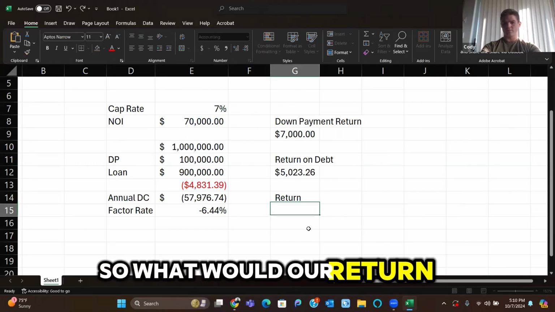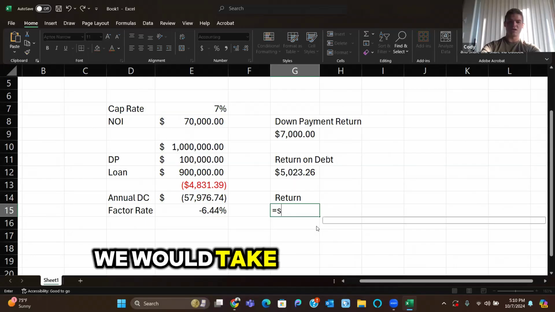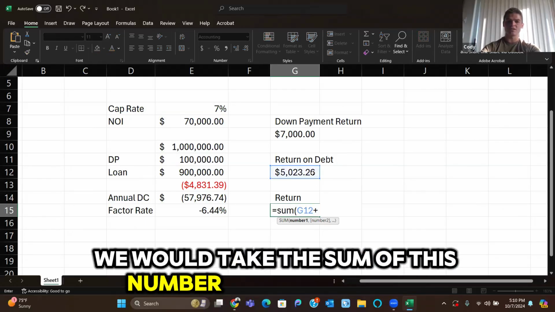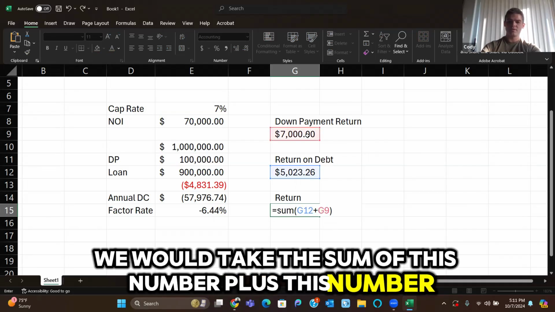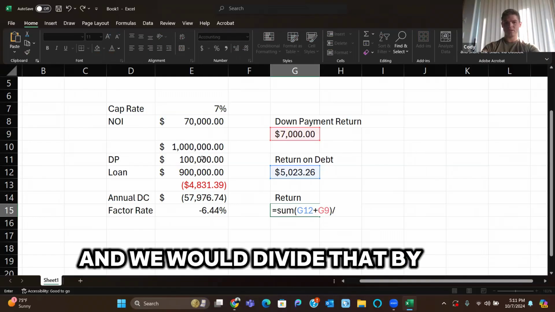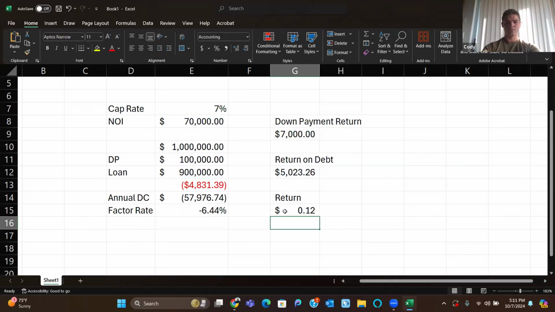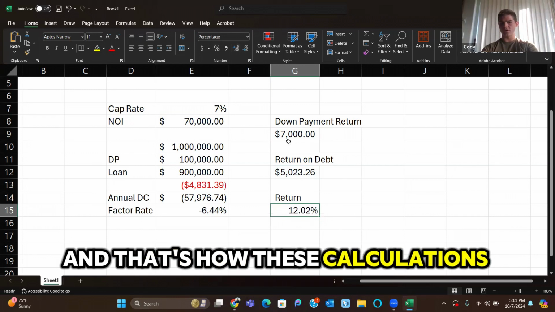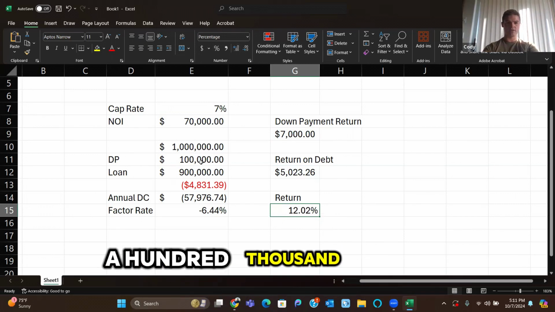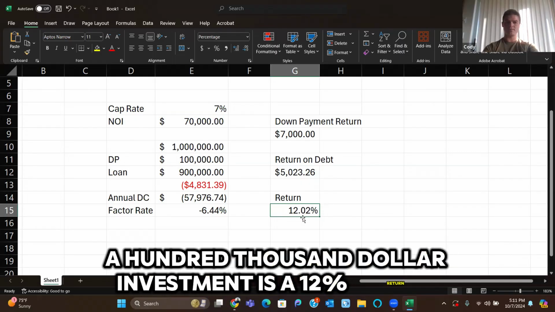So what would our return be? We would take the sum of this number plus this number, and we would divide that by our down payment. And that's how these calculations work. We get 12,000 bucks in cash flow, $100,000 investment. It's a 12% return.